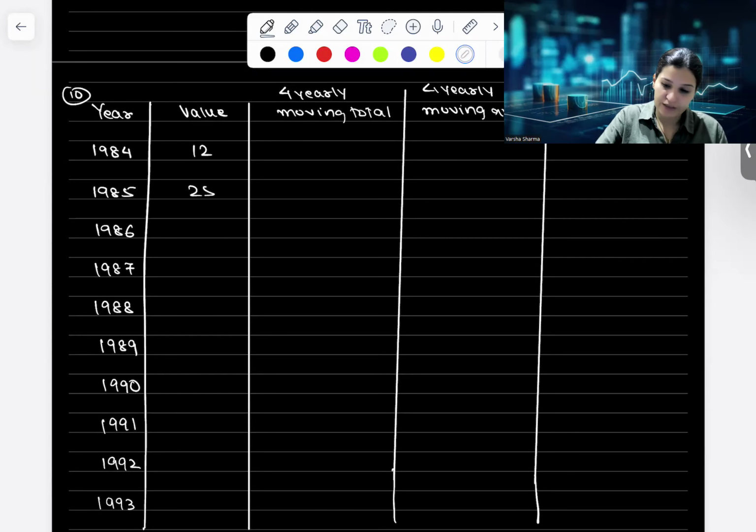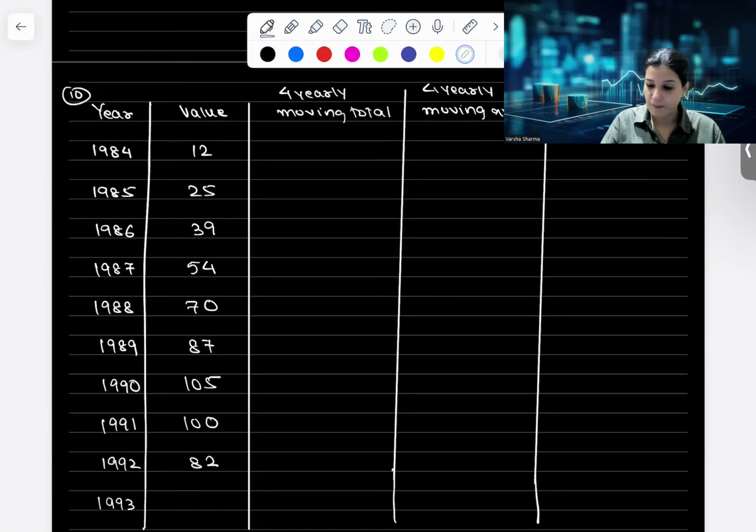Values: 12, 25, 39, 54, 70, 87, 105, 100, 82, 60. Everybody ready?